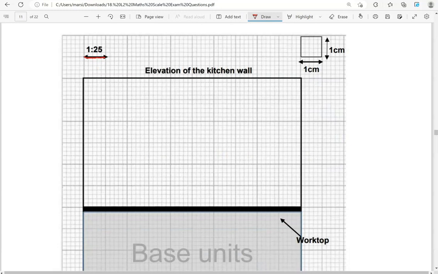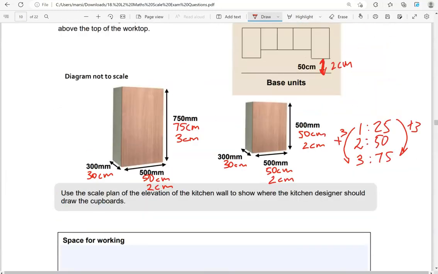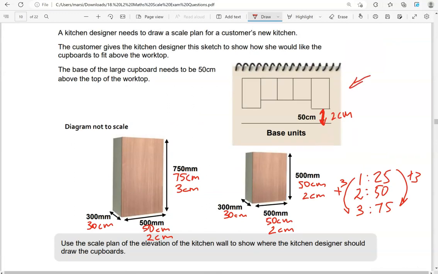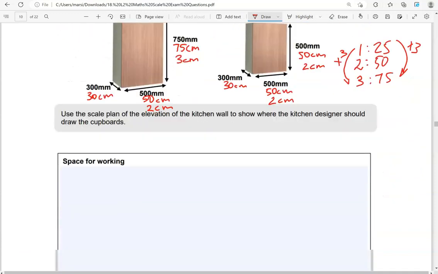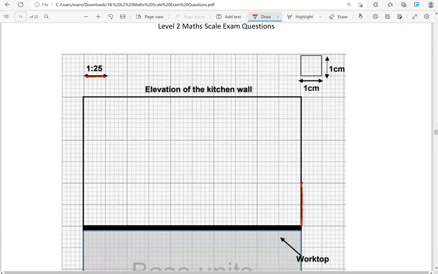So let's start with the gap. So this is 1, this is going to be 2 centimeters. As you can see, we have the long cupboard here, and that is 2 centimeters wide and 3 centimeters tall or high or long, however you want to call that.